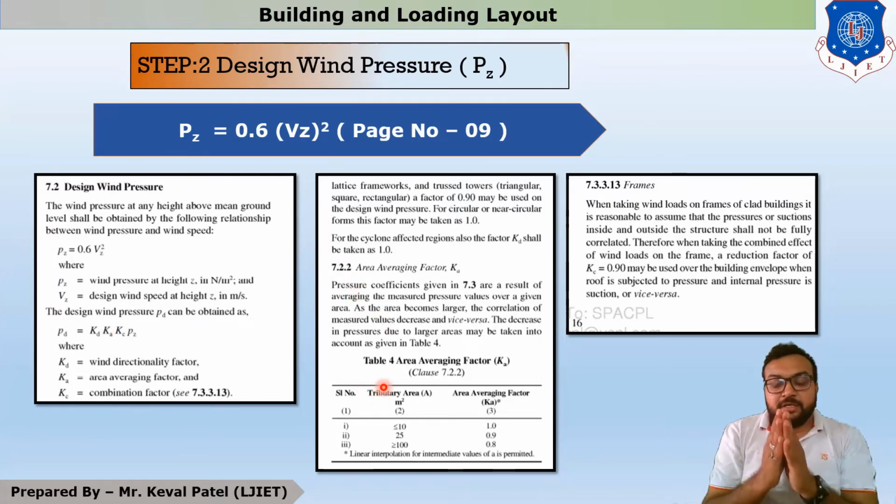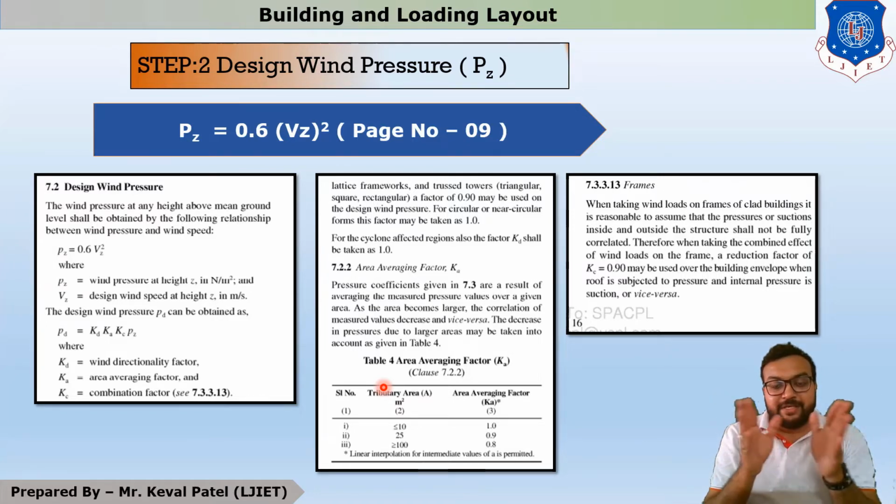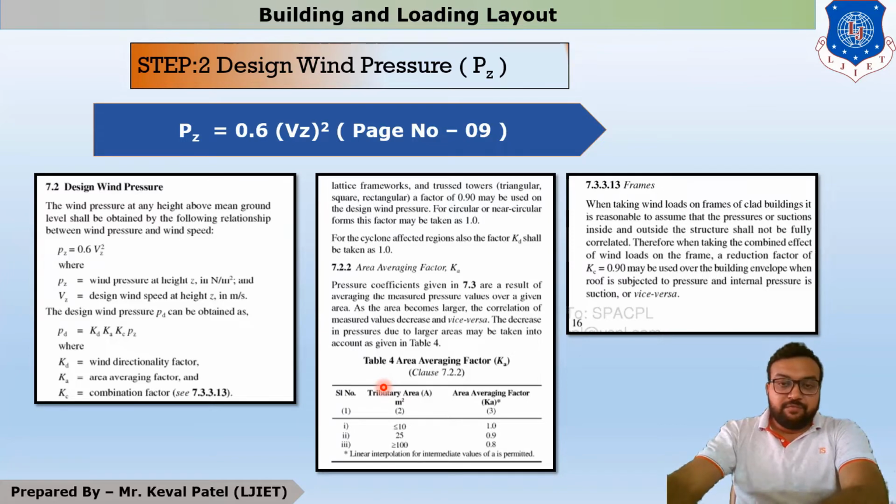What is tributary area? It was already discussed in the last lecture that tributary area means the center to center distance of a bay. The center to center distance between columns is also called bay distance. Whenever we have to find tributary area, these are the tributary areas and this is the respective value of area averaging factor.